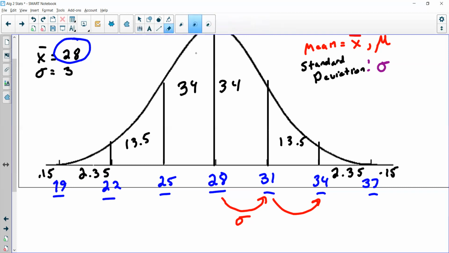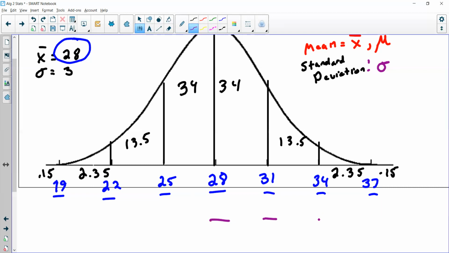So you don't have to redraw the curve every time. Let's just put it underneath. Let's do another set. I'll do it in a different color, but you can just put it in there. For this one, everyone do this one. Give me the numbers for the stopping points when the mean is 176 and the sigma is 13.